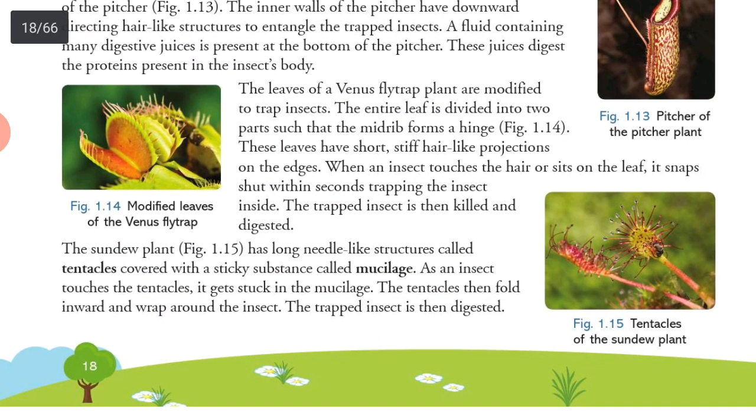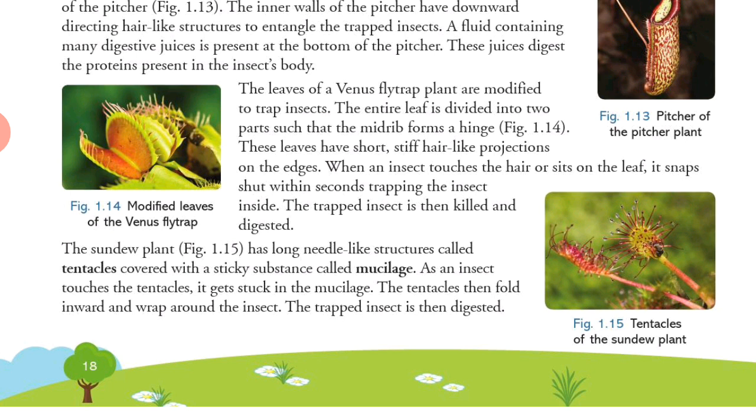Let's see. The sundew plant has long hair-like structures called tentacles covered with a sticky substance called mucilage. The tentacles then fold inward and wrap around the insect. The wrapped insect is then digested.